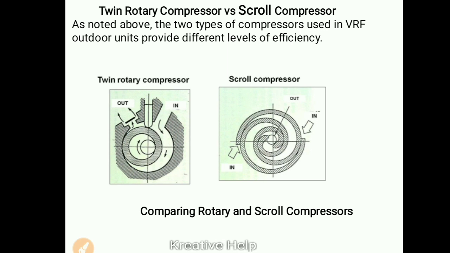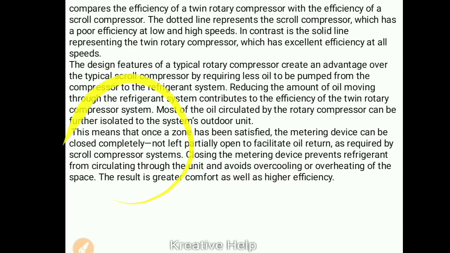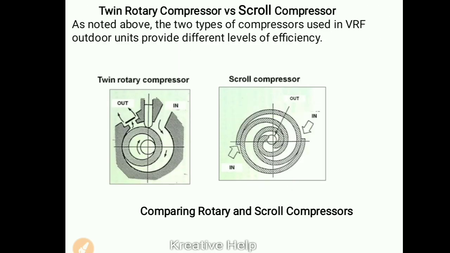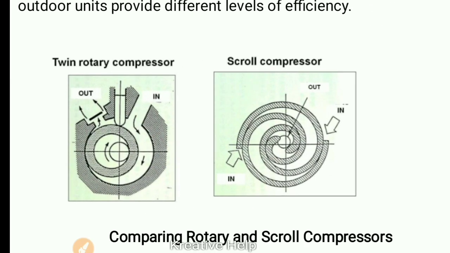We have seen the scroll compressor, and in multiple outdoor units we can see the twin rotary compressor. Note that two types of compressor are used in VRV outdoor units, with different levels of efficiency. So this is the twin rotary compressor, and this is the scroll compressor.